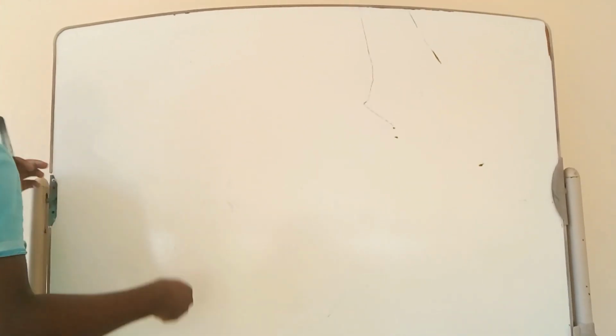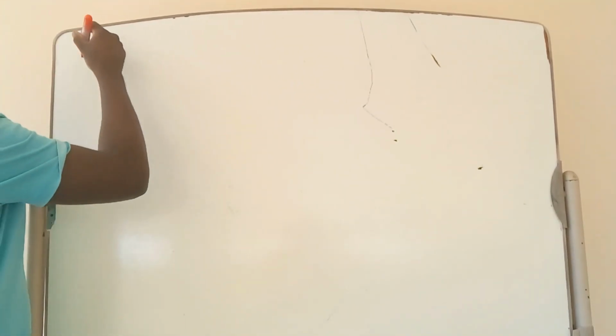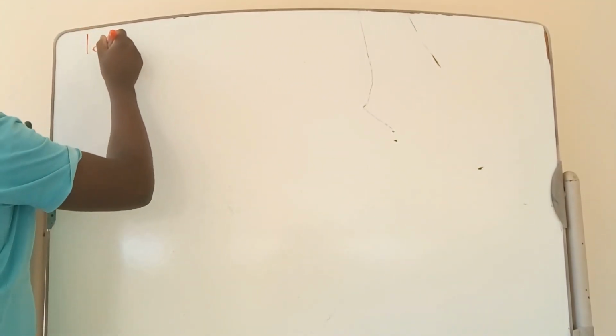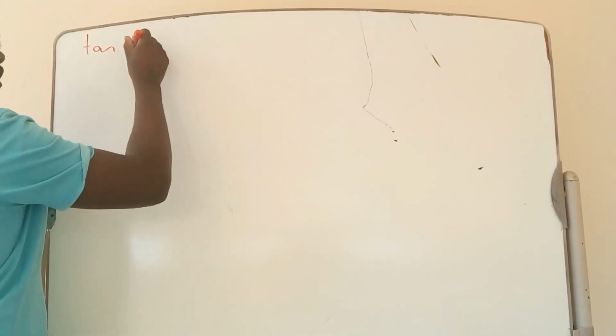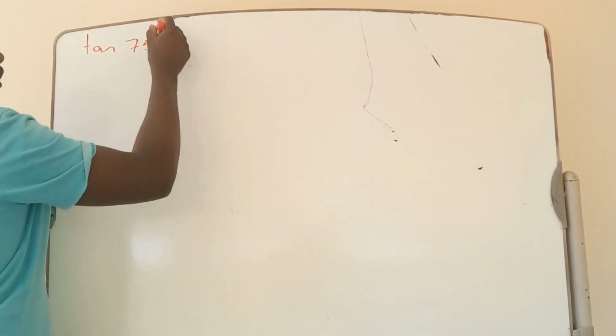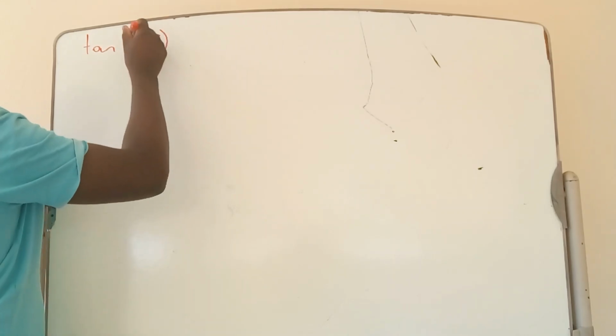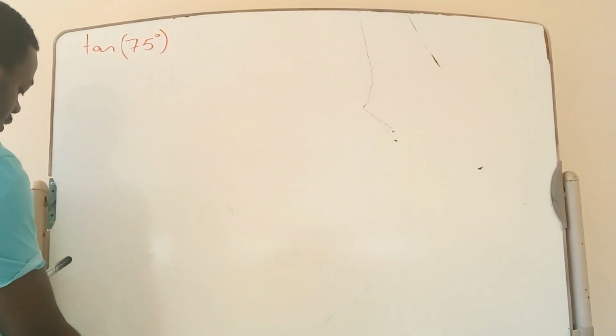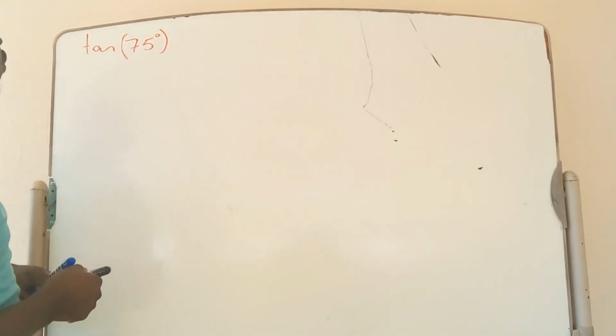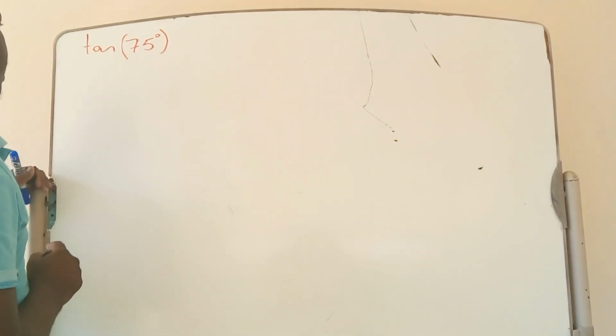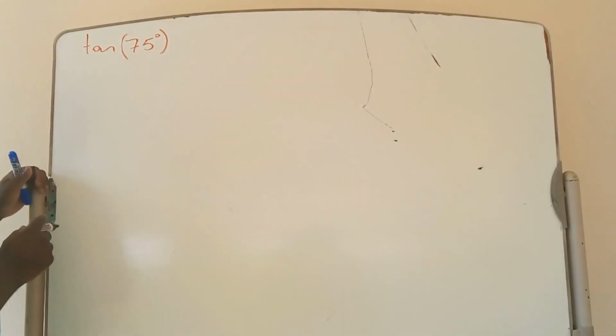Say that you're asked to calculate the value of tangent of 75 degrees. Right? Now, this is just two angles that you can add to give you 75 or subtract.